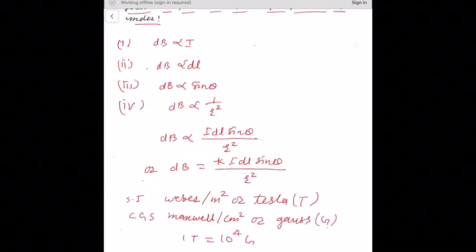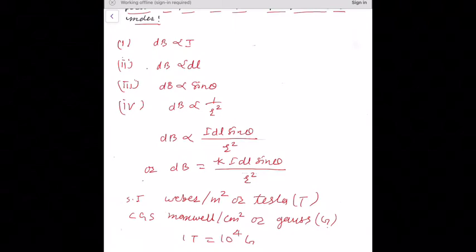the constant of proportionality. Its value depends upon the nature of medium between the observation point and the current carrying conductor, and the system of units used to measure the quantities involved.